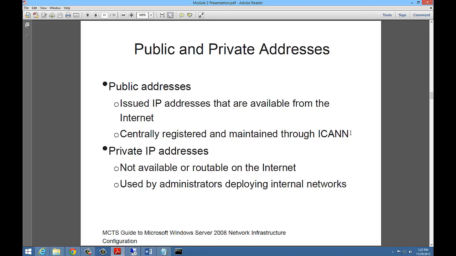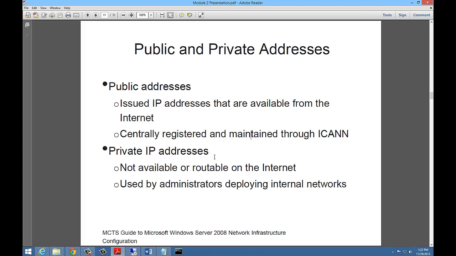This is an international organization that assigns both domains and IP addresses. In America, we use ARIN, the American Registry for Internet Numbers, but they all report back to the international ICANN, when the United States gave up central authority over IP addressing for the world.